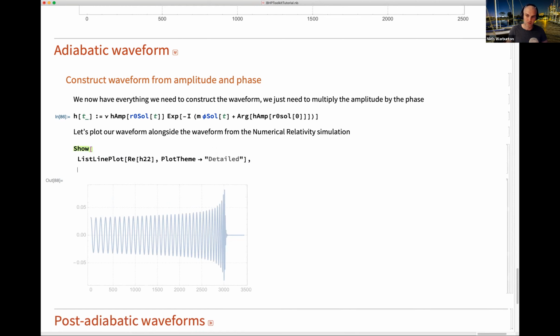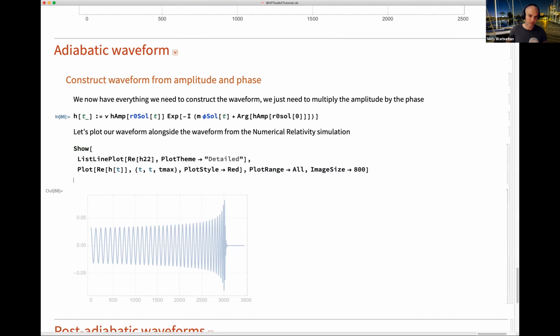And we can now plot the one we got from perturbation theory. h of t, t from t min to t max. And for this plot style, let's plot a different color, red. Let's just make the image a little bigger.